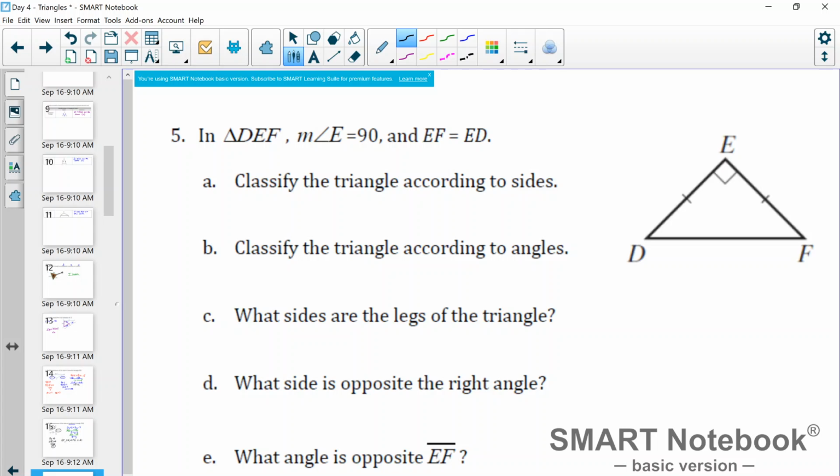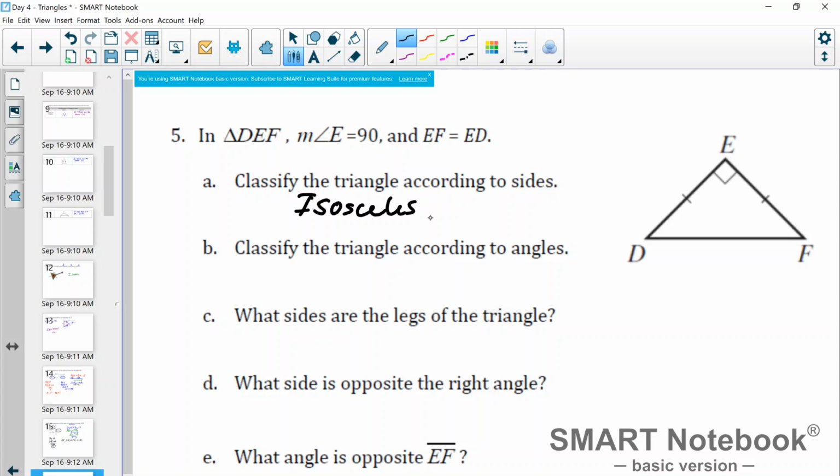EF and ED are the same, and angle E is 90 degrees. So they've marked it off for us. According to the sides, again, sides are equilateral, isosceles, or scalene: 1, 2, or 3 sides the same. 2 sides are the same, so we have an isosceles triangle here based on the sides.